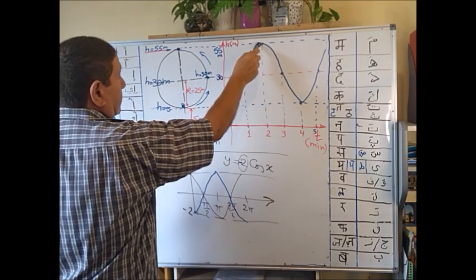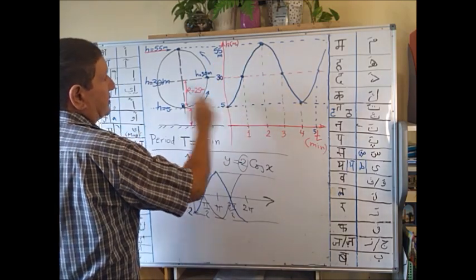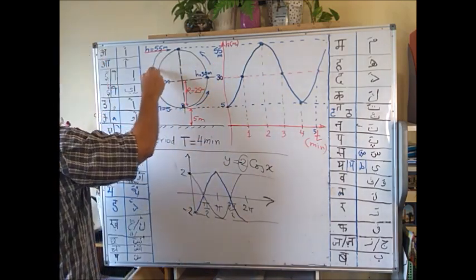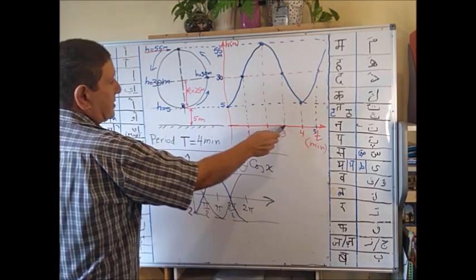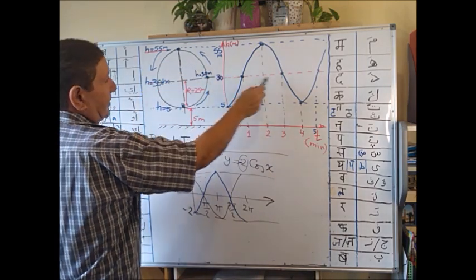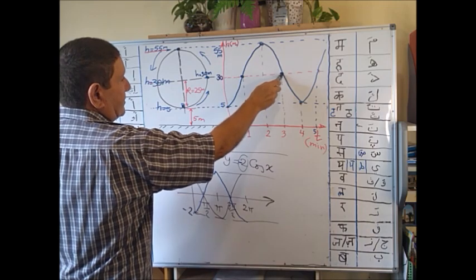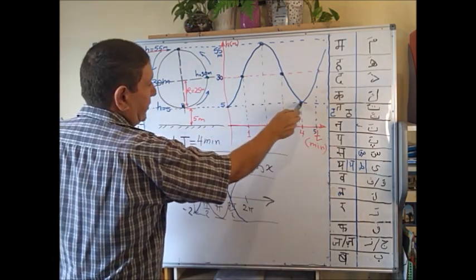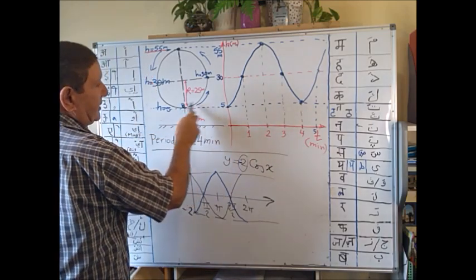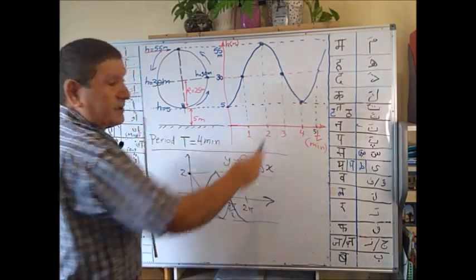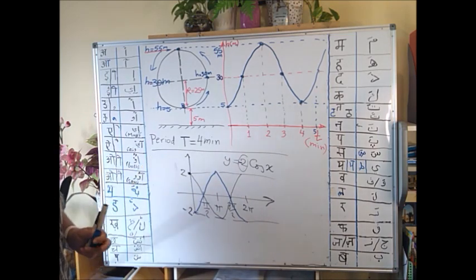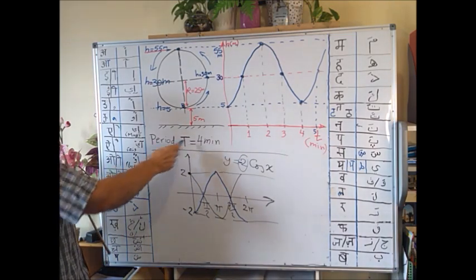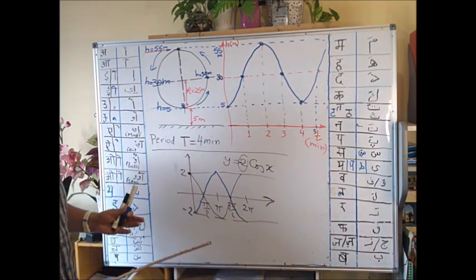It continues like that. After 3 minutes, your height is back to 30 meters. Again, after 4 minutes, you are back to the lowest point where you started. This is the full cycle, this is the period. So the period here is t equals 4 minutes.